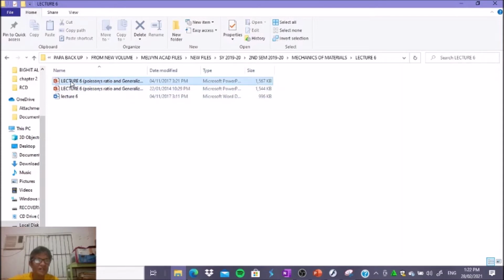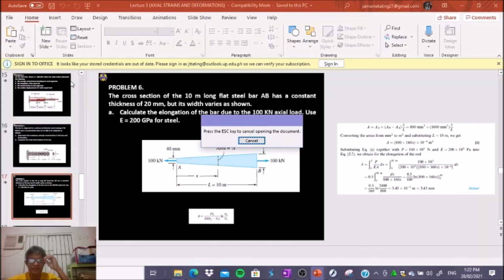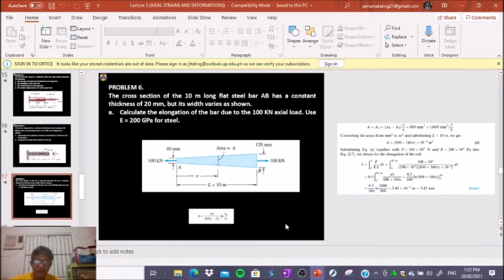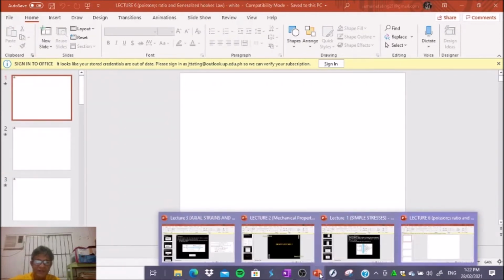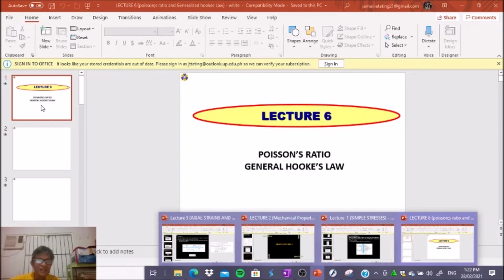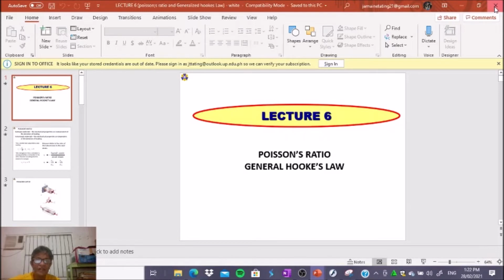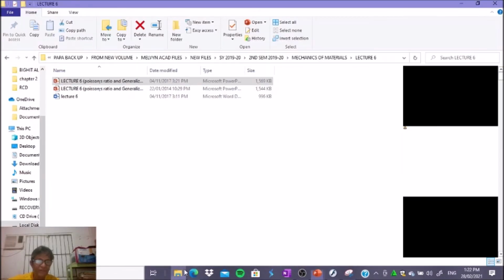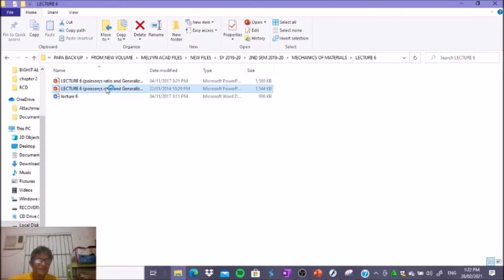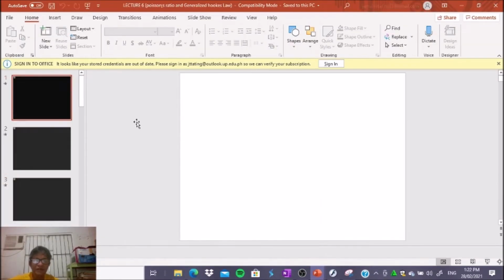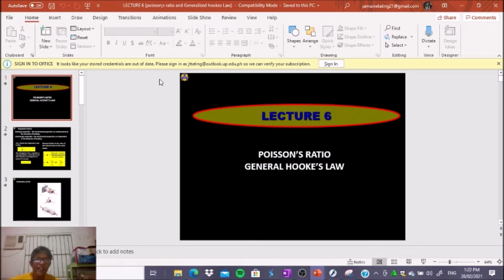So dito, sa General Hooke's Law, Poisson's ratio and General Hooke's Law, papakita ko lang sa inyo this lecture number 6. Ayan. Okay. So, kung makikita nyo dito, for lecture number 6, Poisson's ratio, General Hooke's Law.